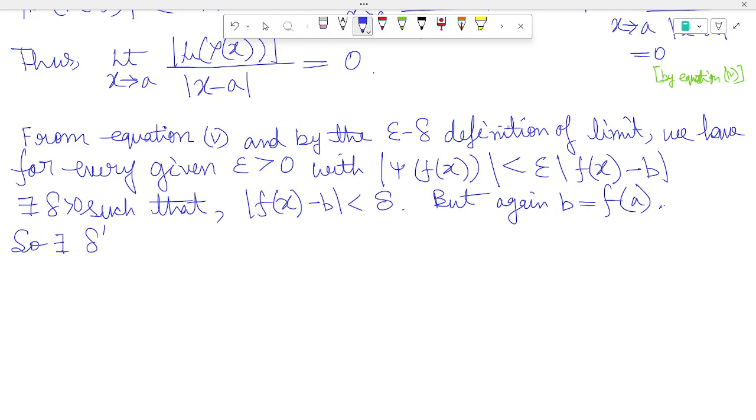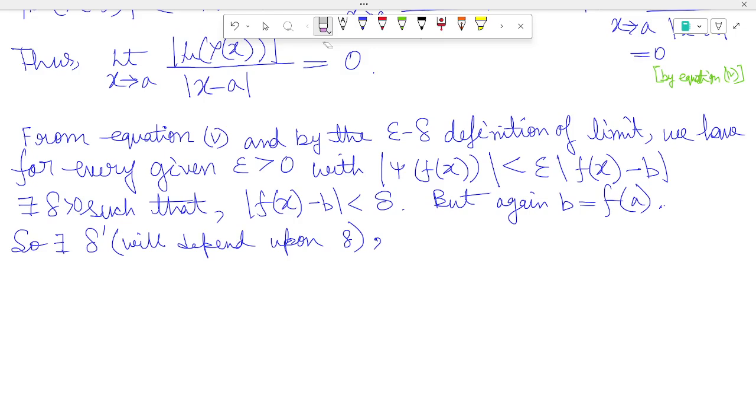There exists a delta dashed greater than 0 such that delta dash will satisfy |x minus a|, but delta dash will depend upon delta, such that these facts happen.